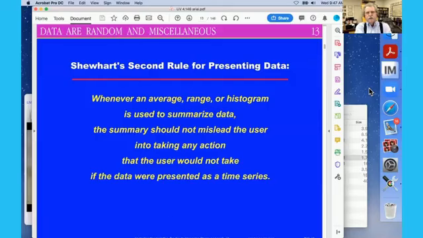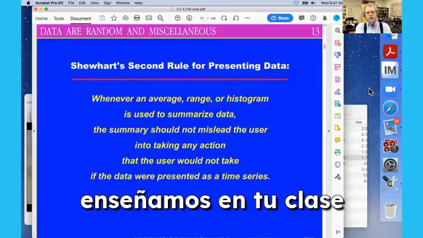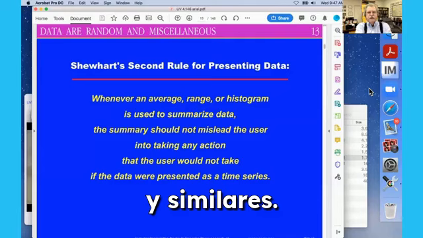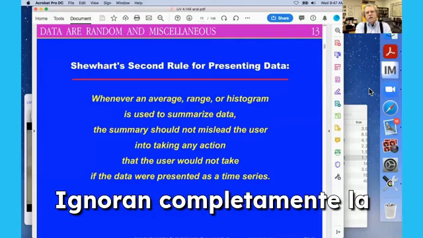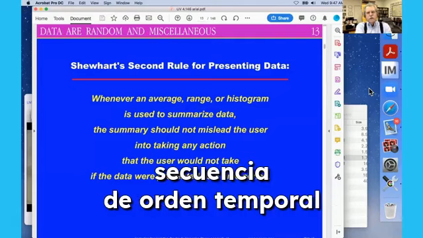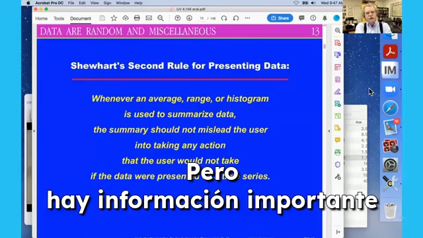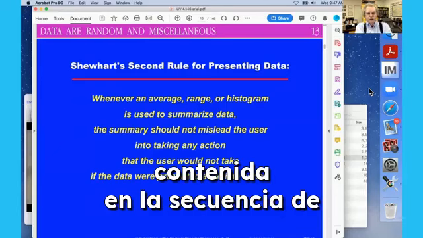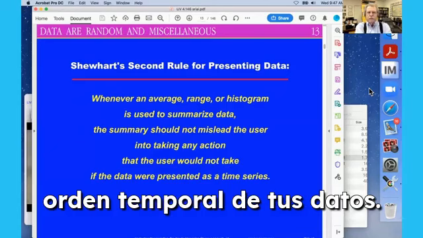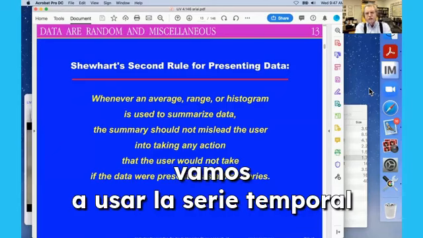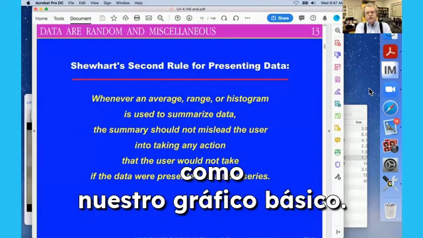See, most of what we teach you in your stat class, averages, ranges, histograms, standard deviations, and the like, completely ignore the time order sequence of the data. But there's important information contained in the time order sequence of your data. And Shewhart says we're going to use the time series as our basic graph.